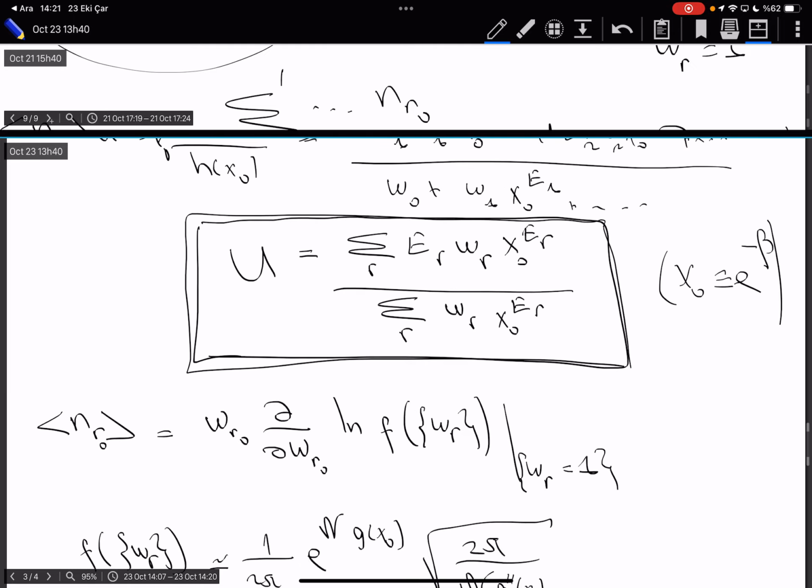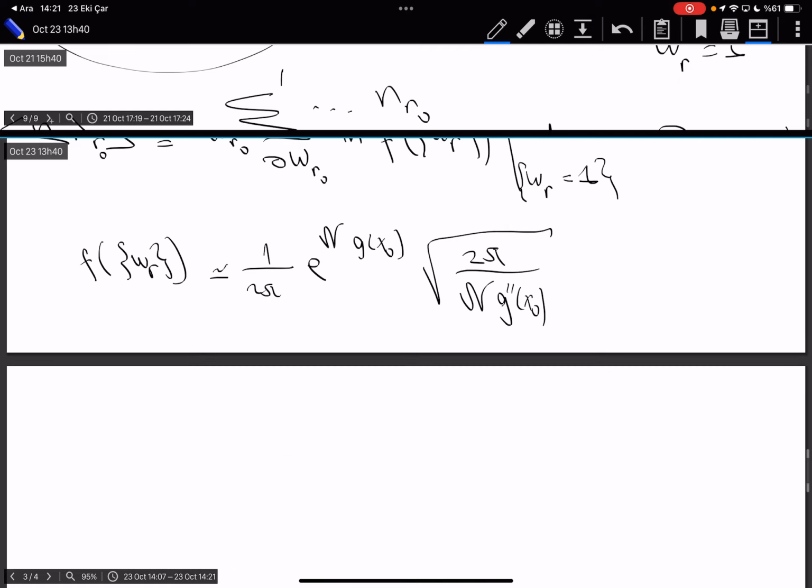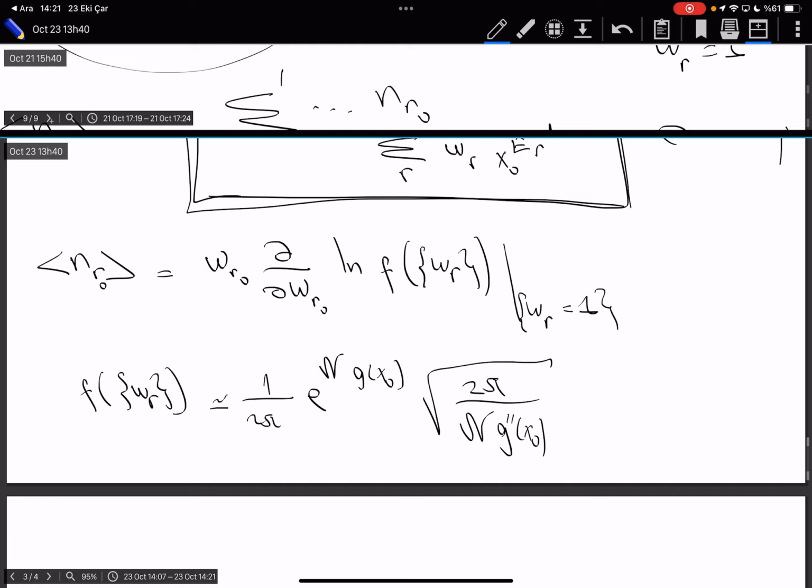And remember, x0 depends on omega r through this equation. You see, if you look at f, there is no explicit omega r dependence, but it depends on omega r through x0. That's the only dependence.